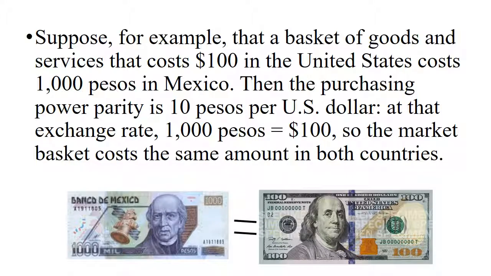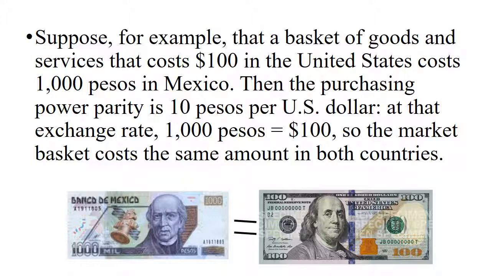So to look at actual numerical examples of purchasing power parity, it is quite possible that $100 in the United States could buy 1,000 pesos worth of products in America. If those baskets of goods and services are identical, then we have parity.